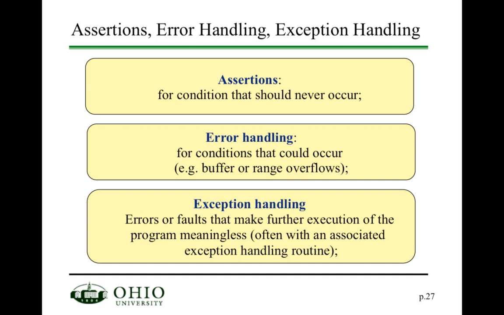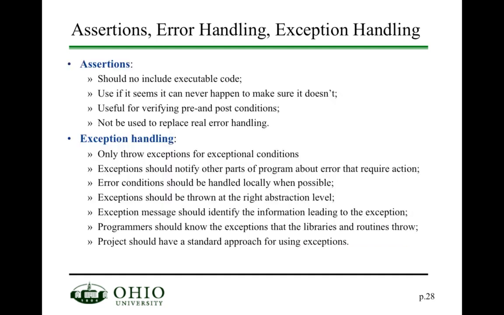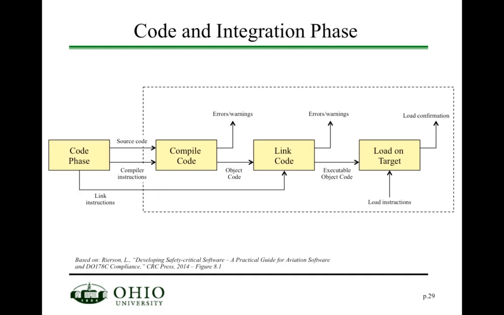And if it's outside the range, you make sure that you catch that and get some kind of error handling for that. Okay. So exception handling: make sure that if something does break, a fault does happen, the program doesn't keep on doing stuff that is meaningless. Again, some more details over here.